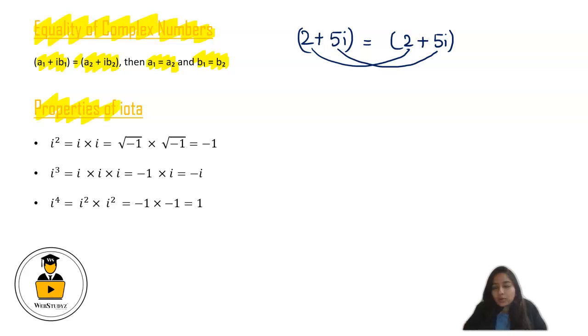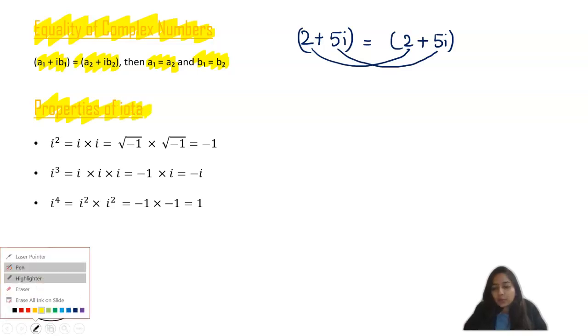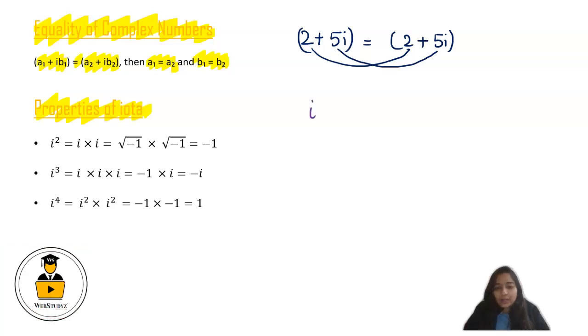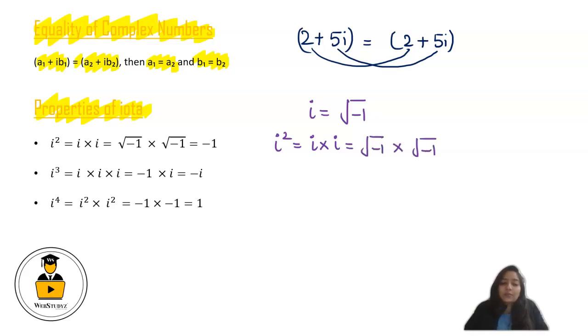Now moving towards some properties of complex numbers. First, the properties of iota. Here we will see that iota is equal to under root of minus 1. Now we can find the value of iota square. Iota square is iota multiplied by iota, that means under root of minus 1 multiplied by under root of minus 1, which is equal to minus 1.